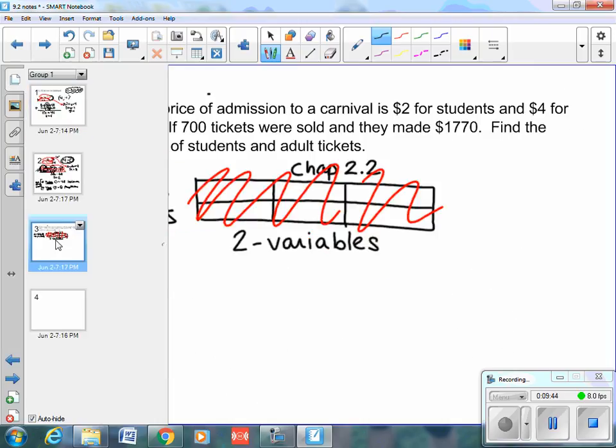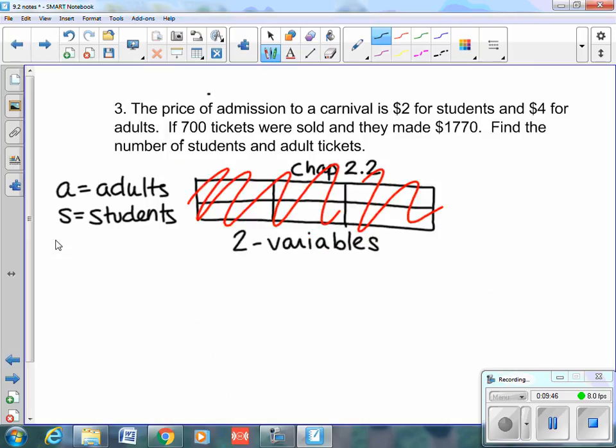So, go back to this problem. If there are 700 tickets sold, we're trying to figure out how many adults and how many students. So all you do is put adults plus students must equal the total amount of tickets that were sold. The adults plus students tickets equal the total tickets of 700.